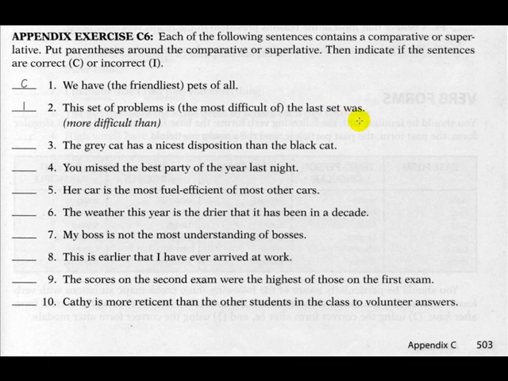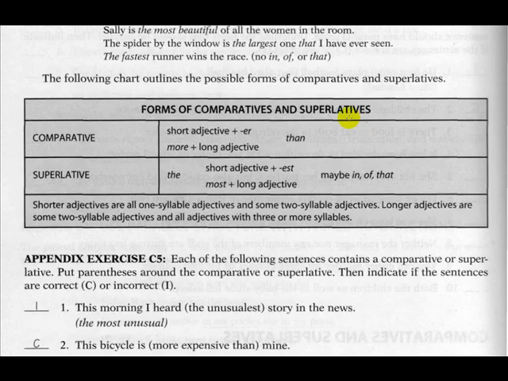Let's take a look at the chart and find out what kinds they are and why this one is correct and we need to correct it. The first one that we have is the cat, okay.